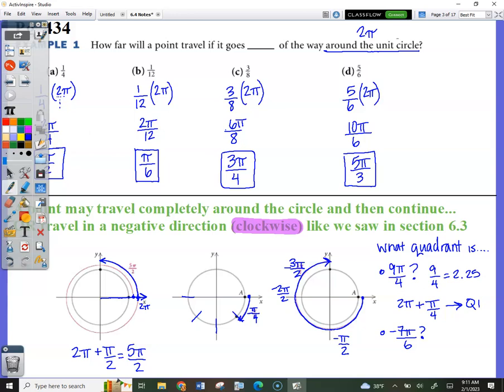This is only the second example, so if you're stuck, it makes sense. It's okay. It's just the second example.